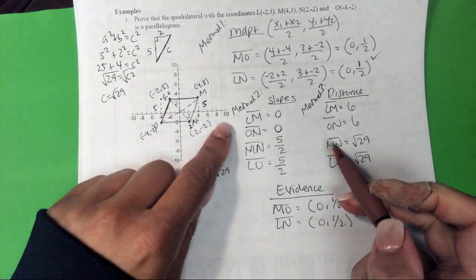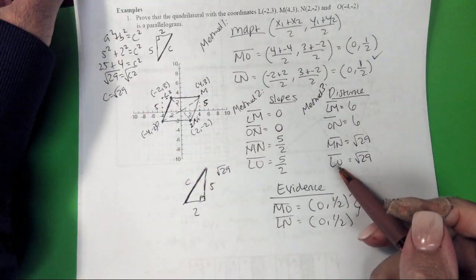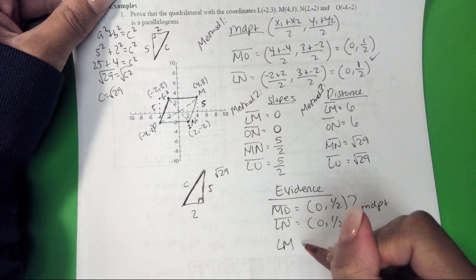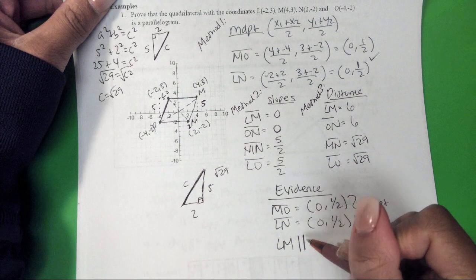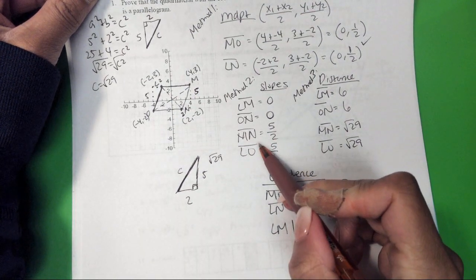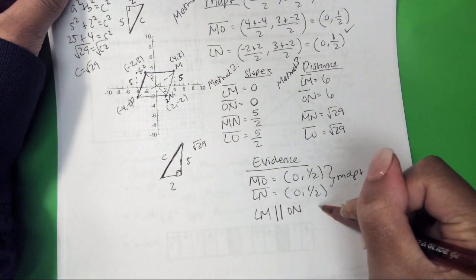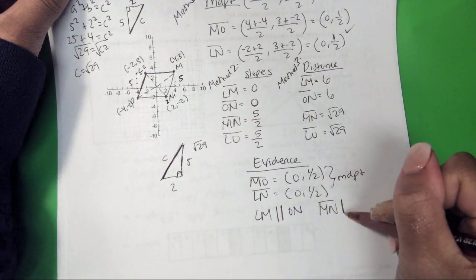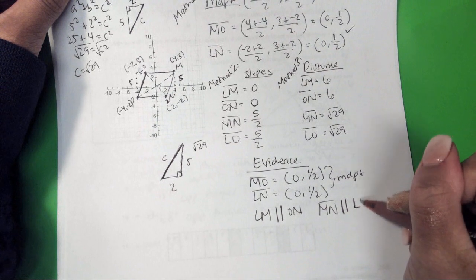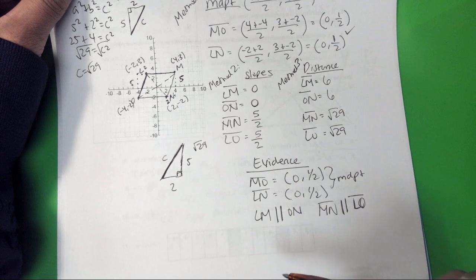Because LM and ON have the same slope, they're parallel to each other. So you would say LM is parallel, that symbol means parallel, to ON. And we say the same thing for MN and LO because they have the same slope. So MN is parallel to LO.